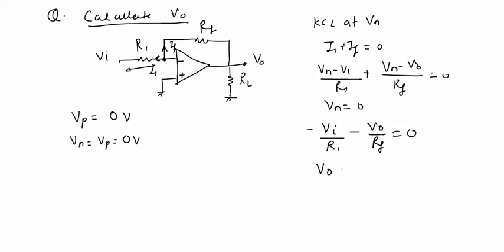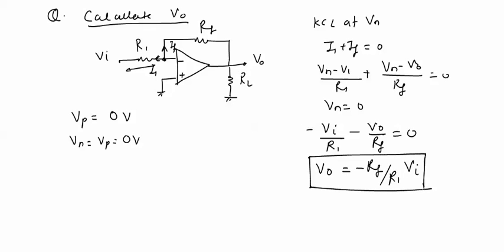So from this we get V0 equal to minus Rf upon R1 into Vi, which is the same expression as we got in an inverting amplifier.